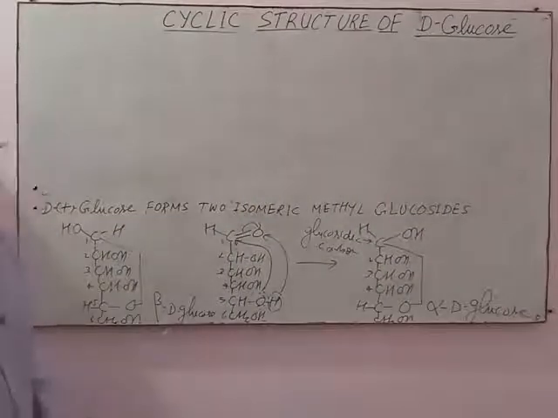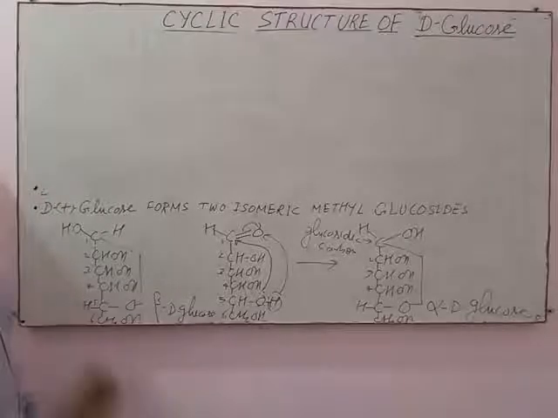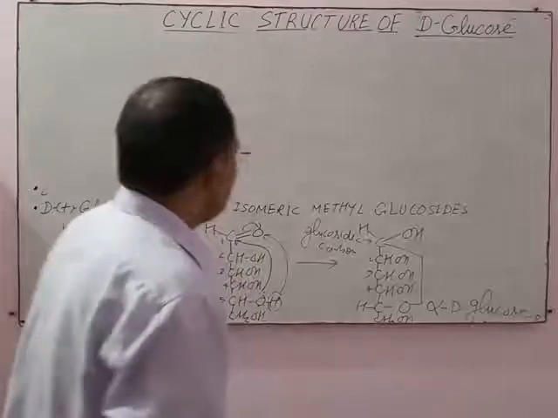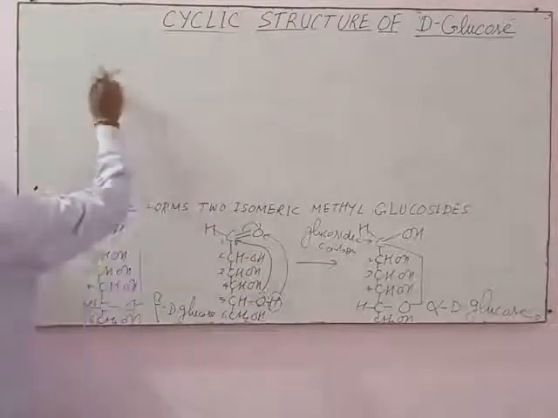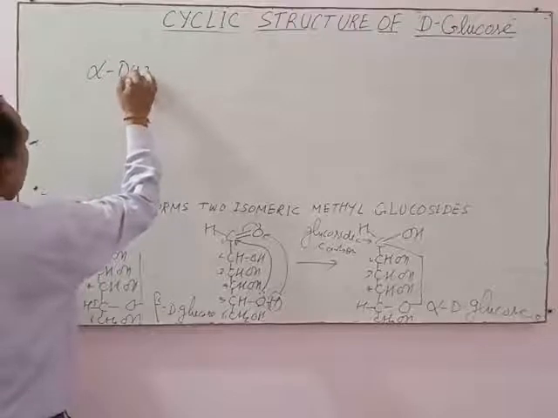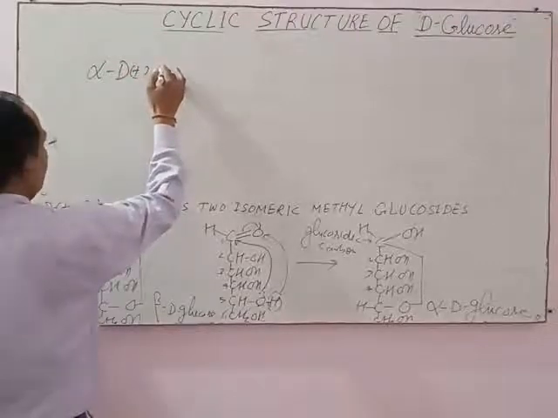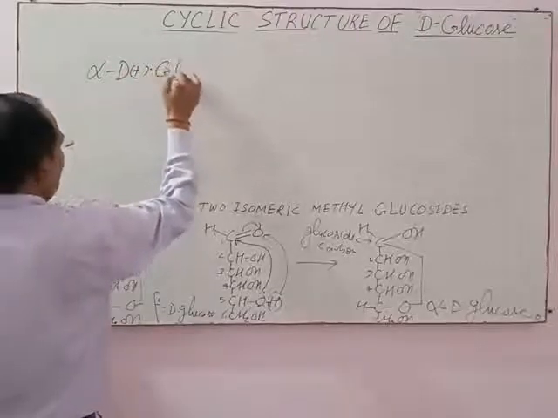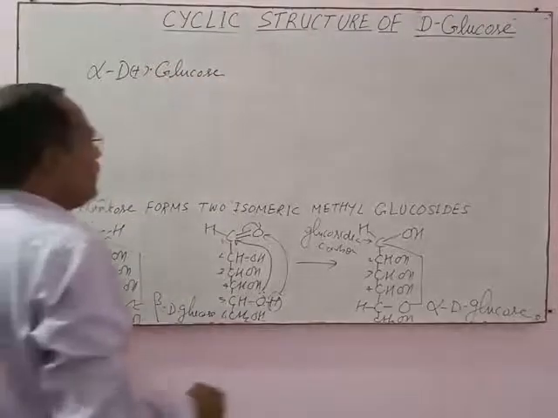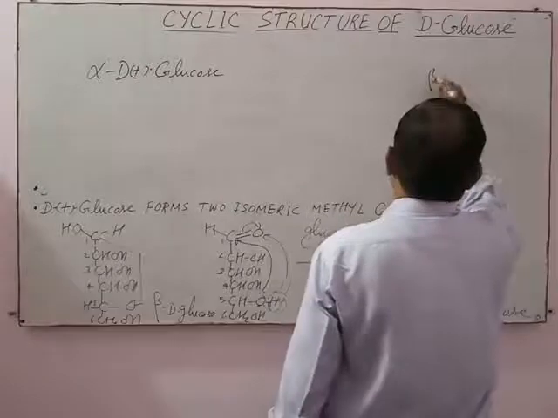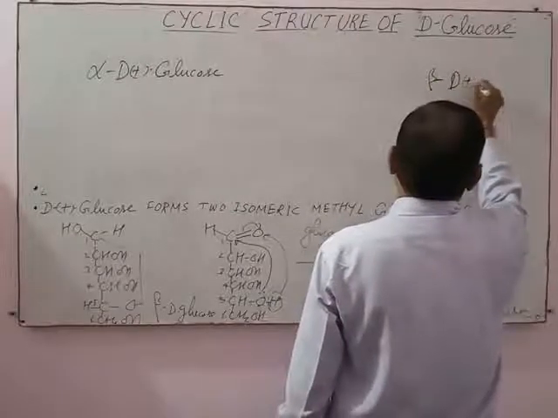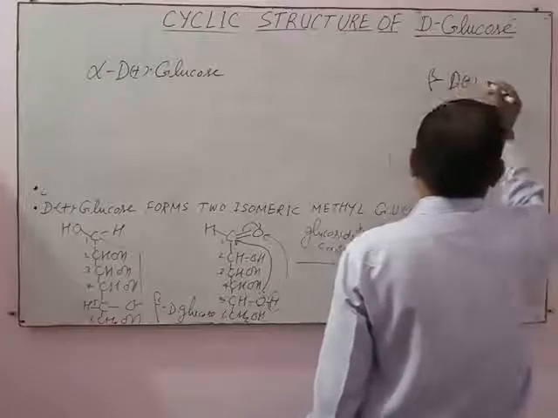In the case of glucose, there are two isomeric forms, alpha D glucose and beta D glucose. So first of all, alpha D plus glucose, this is alpha D plus glucose, and beta D plus glucose.